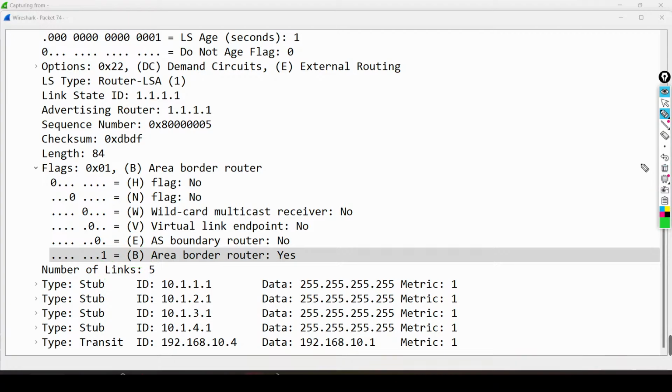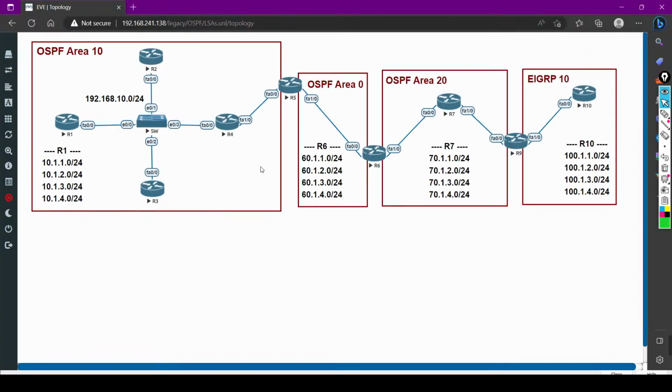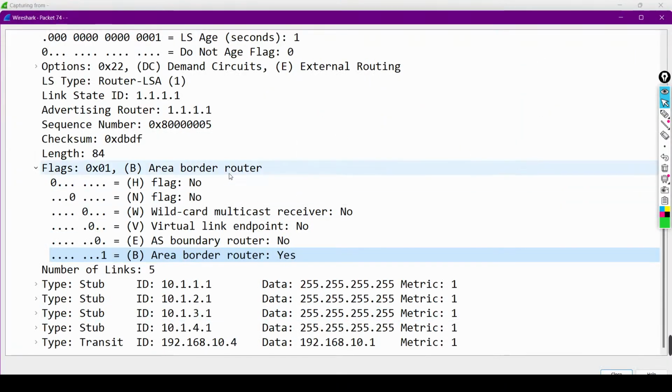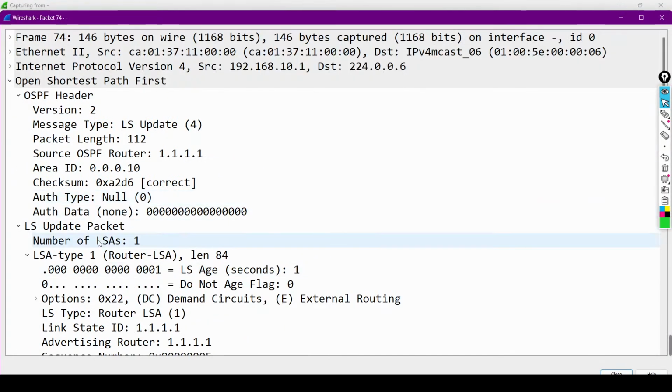Getting my point? So which router is ABR in my topology? This is my topology. Which router is ABR? Router number 5. Yes or no? I have captured the link and I am checking the LSA of which router? Who is sending? Router 1. On which address? 224.0.0.6.